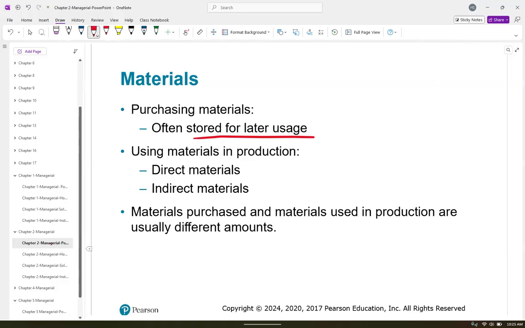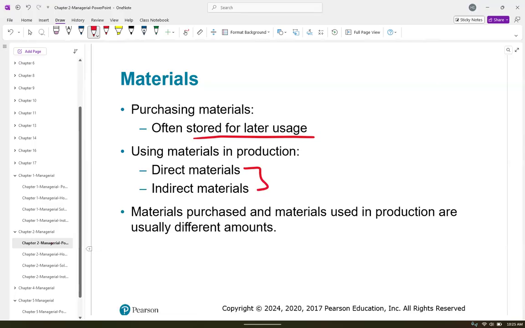Materials in the production will be broken out between direct materials and indirect materials. Your direct materials, think of a guitar as the product, as some of our textbooks do. You can look at the guitar and see that the wood is probably the direct material. An indirect material might be glue to hold it together.